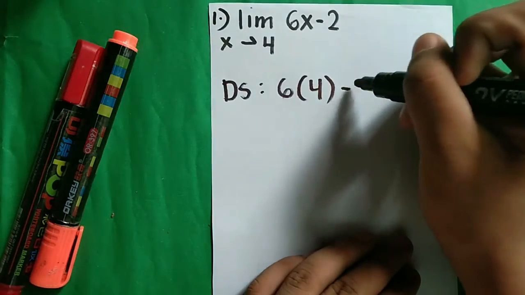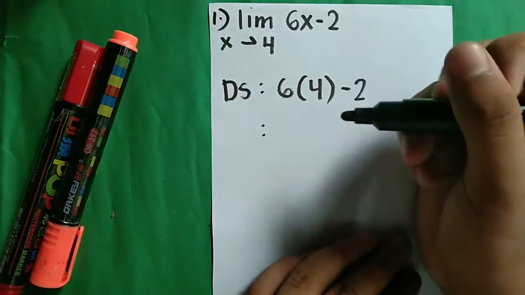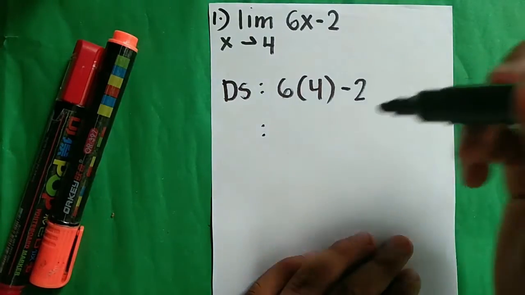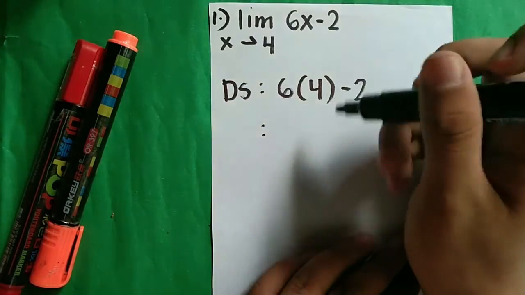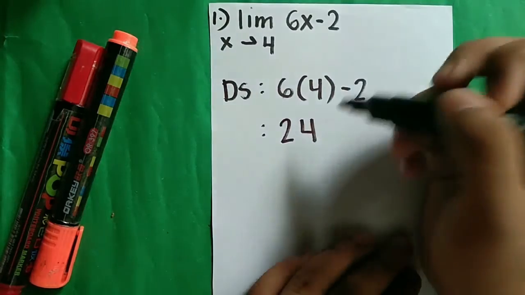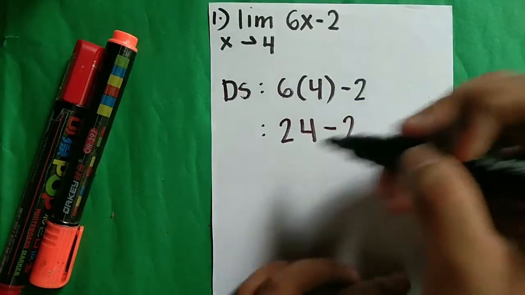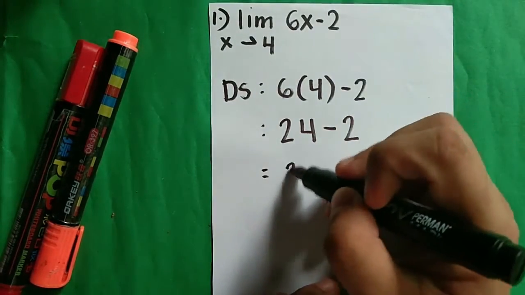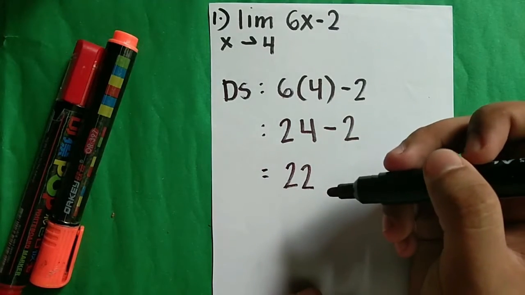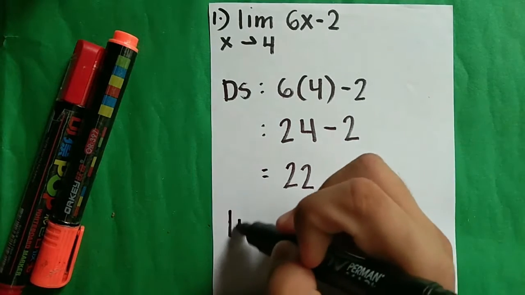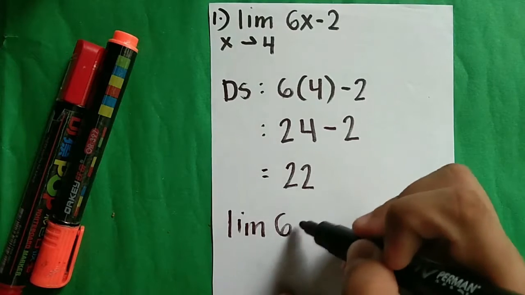Let's perform the indicated operation. 6 times 4 is 24, minus 2 equals 22. In this case, the limit of 6x minus 2 as x approaches 4 is equal to 22.